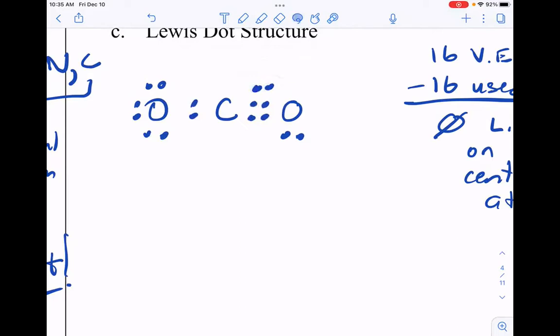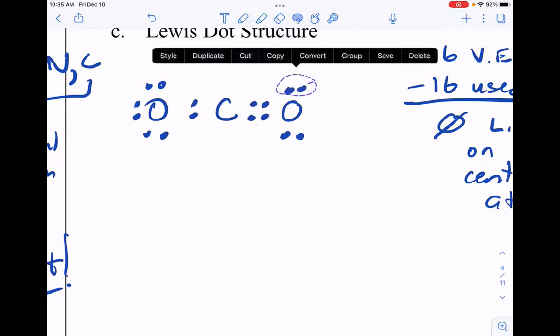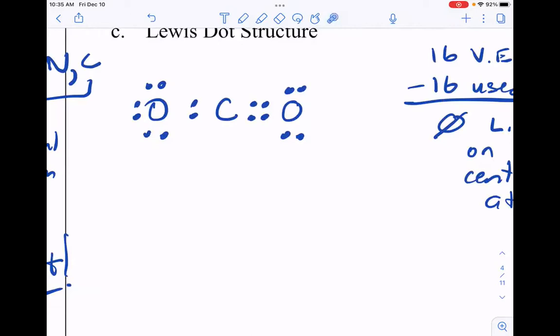But there is a general rule that you want to try to form as many double bonds first, and only when all options of creating double bonds are exhausted, and you still are not fulfilling the octet rule or the formal charge rule, then you can form triple bonds.